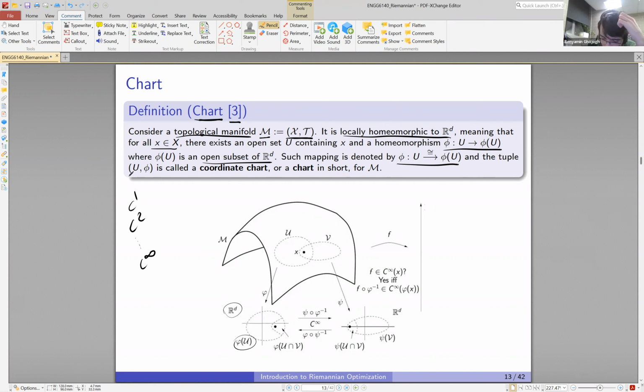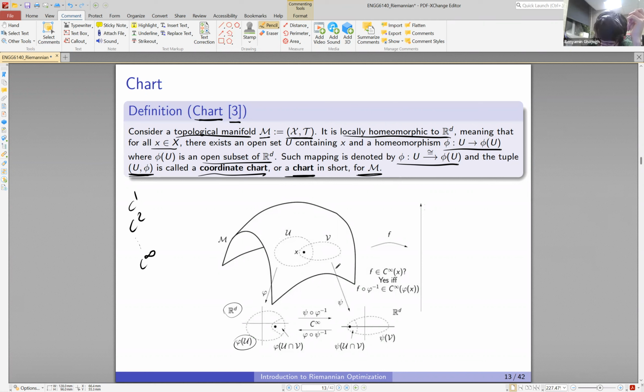The pair U and phi is called a coordinate chart, or chart in short, for manifold M. So this U and this mapping phi is one chart.